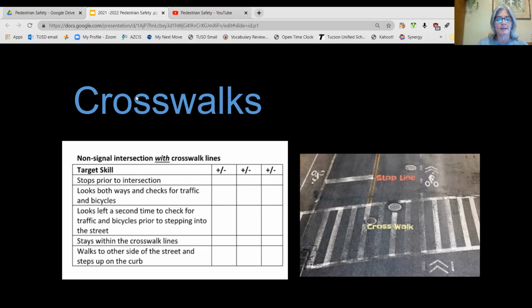So number 1, stop prior to the intersection. Number 2, look both ways and check for traffic. And bicycles, not only cars, but you can get hit by a bike. Okay, number 3 is that you have to stay within these lines.